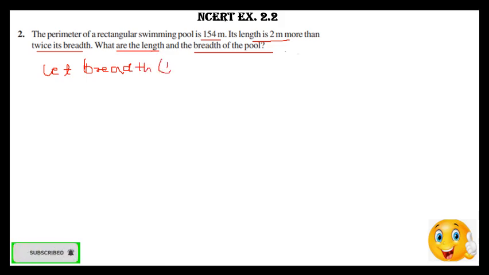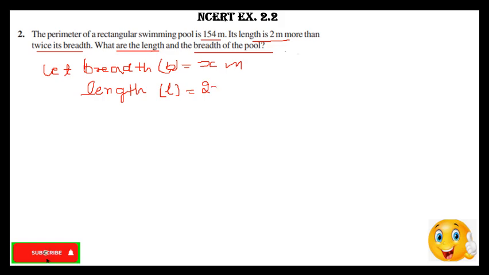So here we can denote breadth with B and we can let it to be x meter, and length of the pool, that is here 2 more than twice the breadth. So length can be written as 2 times the breadth, that is 2x plus 2 meter. So this is the expression for length, 2x plus 2 meter.